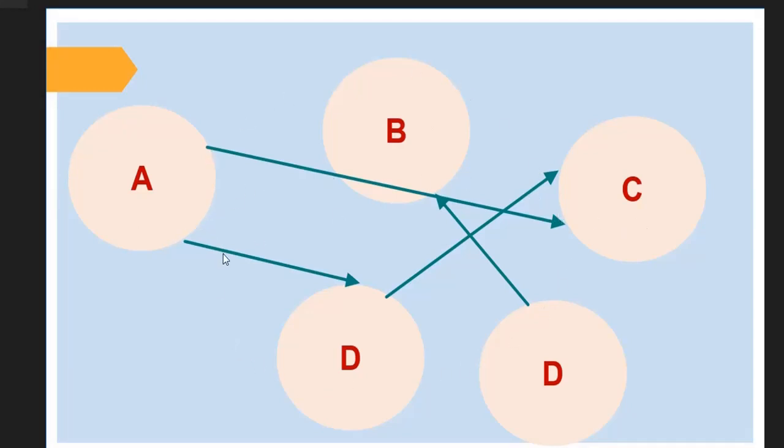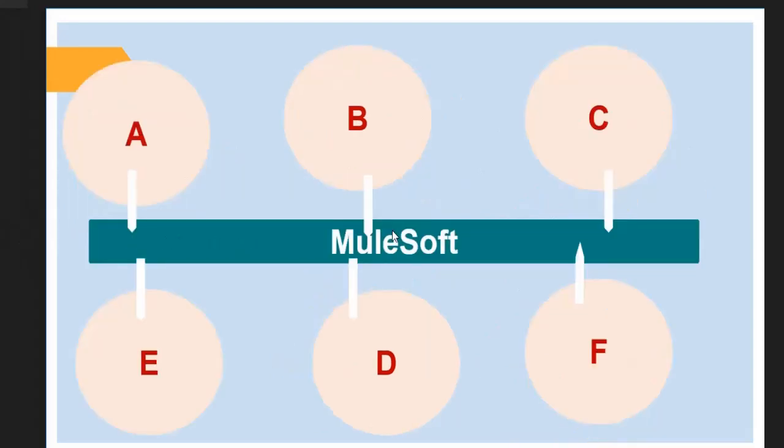This is a point-to-point connection, because they are integrating directly, communicating directly from one service to another service. By using any integration tool, it will be added as a middleware. If any service wants to talk to another service, or needs data from another service, it will communicate through this middleware, this integration platform.